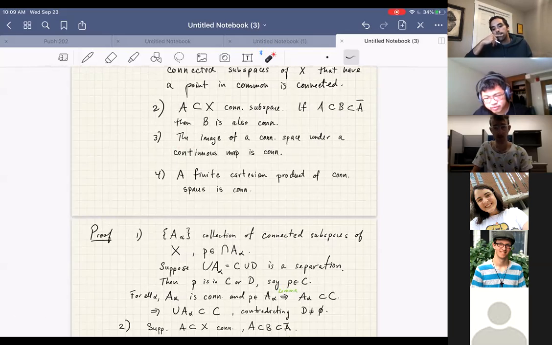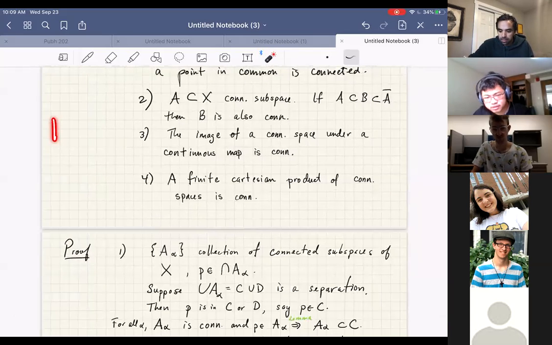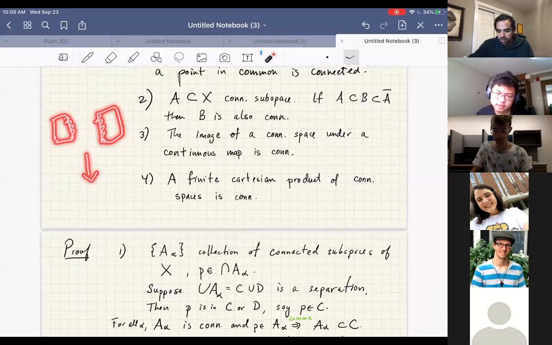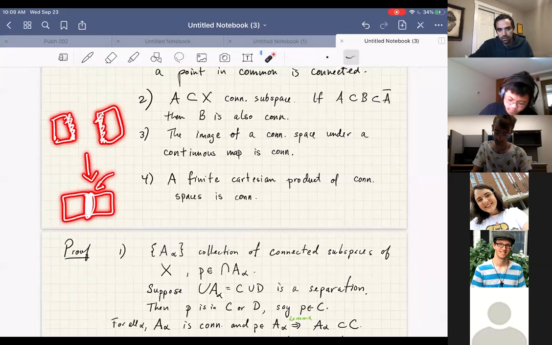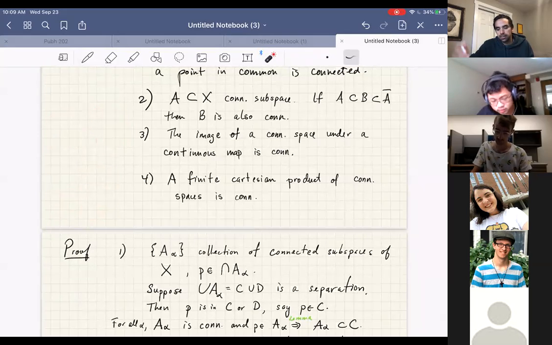Oh yeah, right. Like the quotient topology. You could take something that's a single interval, but its preimage was like two separate intervals. If you glue these things together, right. This subspace is connected here, but the inverse image consists of that, right? Okay, the image of a connected space under a continuous map is connected.